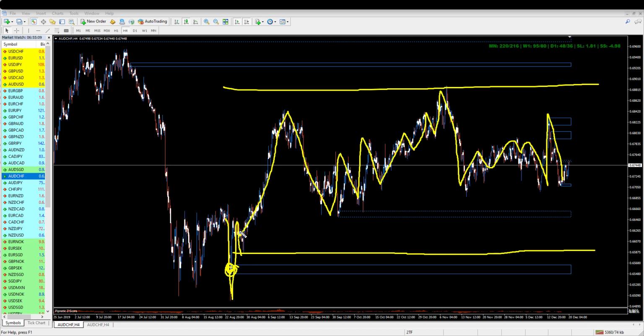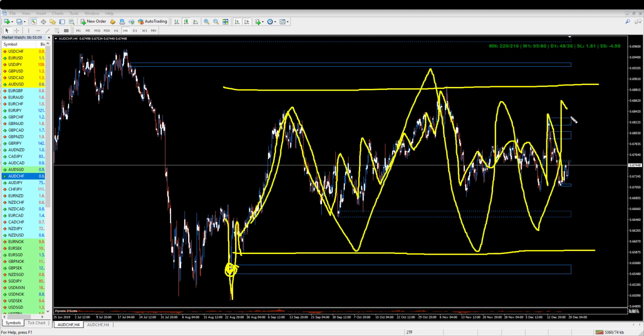Okay, so for the time being, we're kind of stuck in this range here, and the bias is to buy down here once price moves below this price point here. Areas to get out of trades: you're certainly going to see a bit of resistance at these highs here.